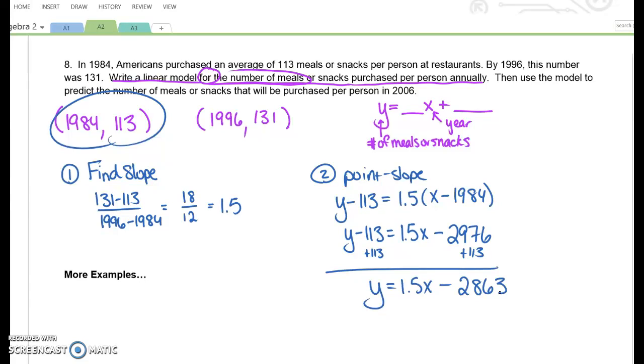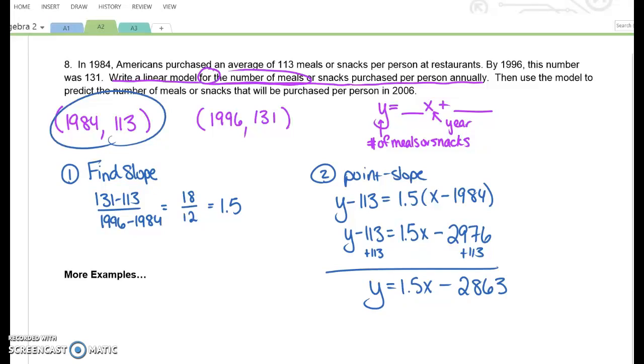Okay, so I have this model, y equals 1.5x minus 2,863. Now that 2,863, if you're looking at that and thinking, I don't like that, there is another way that we could have set up our points.